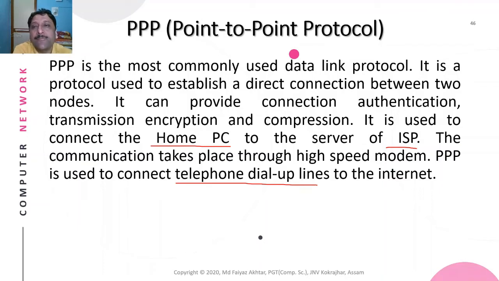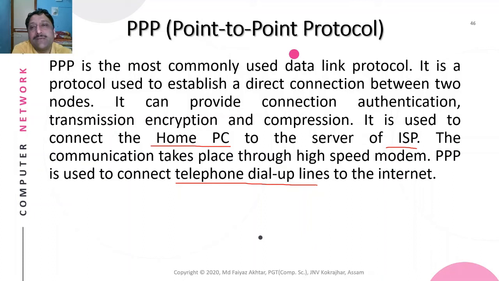We had to contact the ISP, the Internet Service Provider. They provide us a username and password, and from our computer we have to connect with the telephone system, and we have to use this PPP protocol to connect our PC to the internet via the ISP.